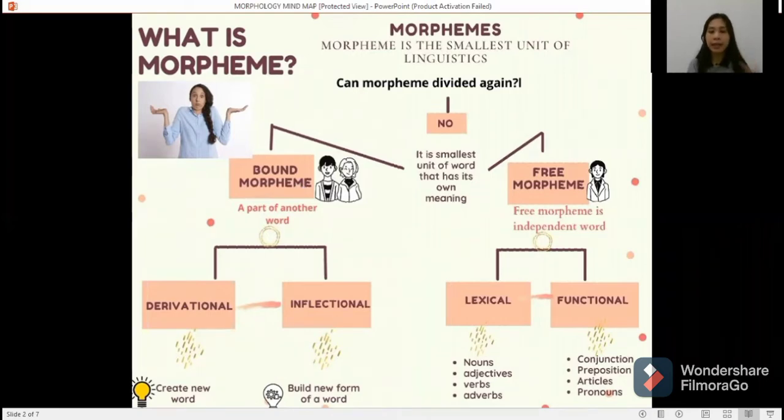So about the types of morphemes. There are two types, as I told you first. The first one is free morpheme and the second is bound morpheme. Let's discuss free morpheme first. What is free morpheme? Free morpheme is an independent word.